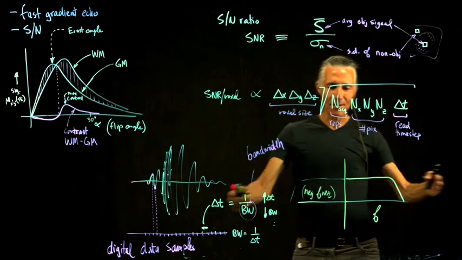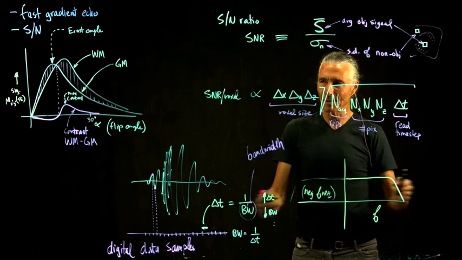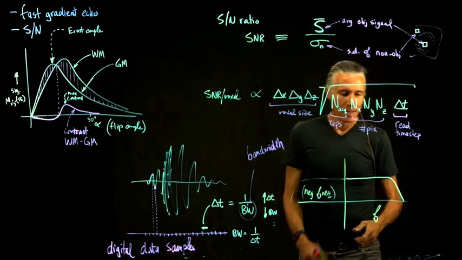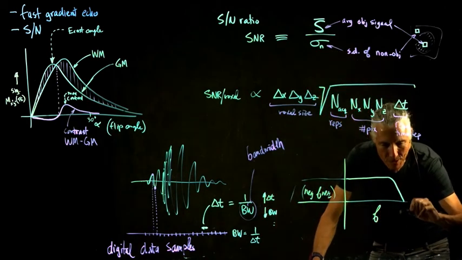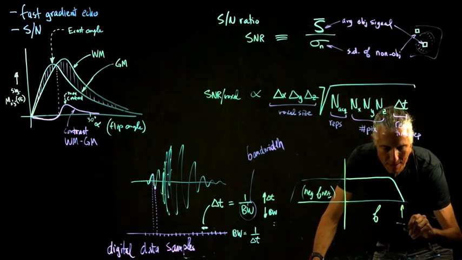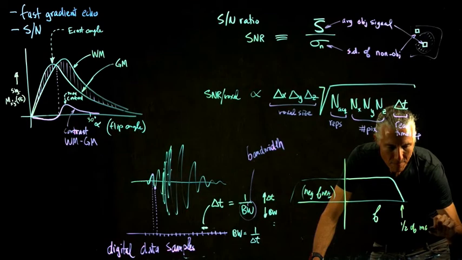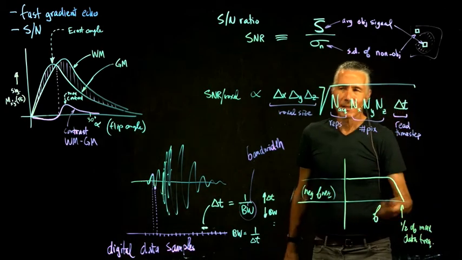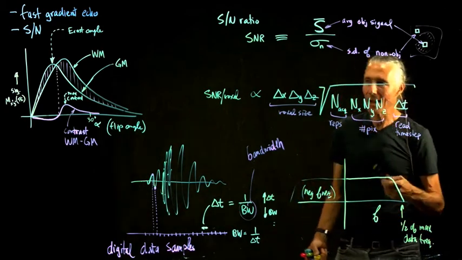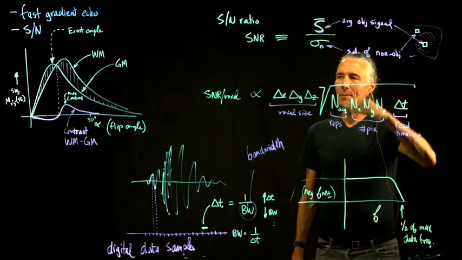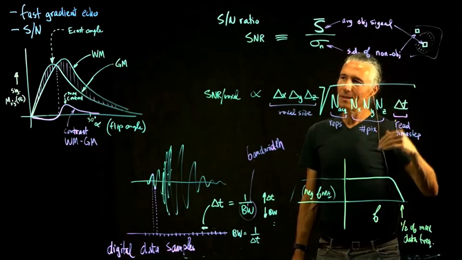Bandwidth means how wide this thing is. That's why it's called bandwidth. This point has to be half of the max data frequency. Why is it half? If you're at half, you can catch the top and the bottom of a sine wave.